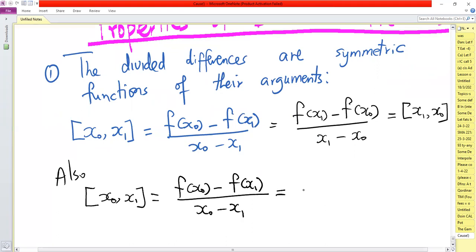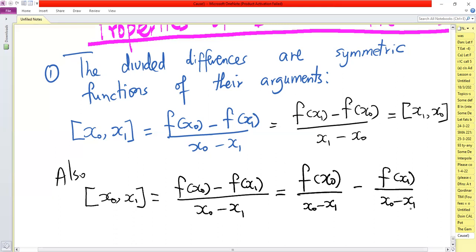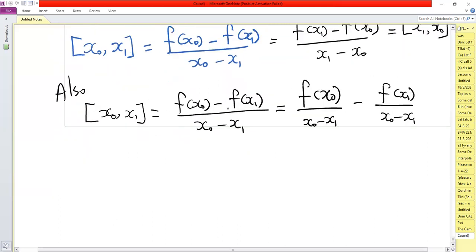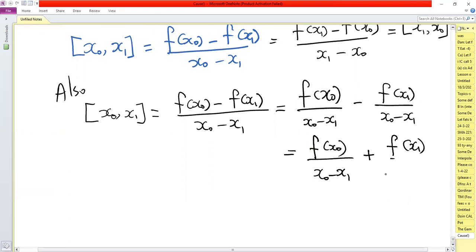This can be written as f of x0 over x0 minus x1 minus f of x1 divided by x0 minus x1, which you can as well rewrite as f of x0 divided by x0 minus x1 plus f of x1 divided by x1 minus x0. Remember, rearranging this one, factoring out negative, then negative negative is positive.